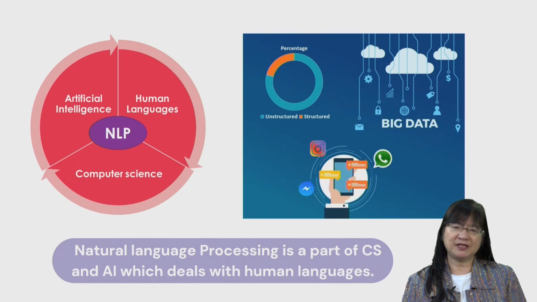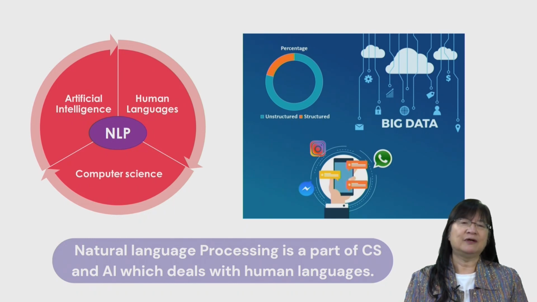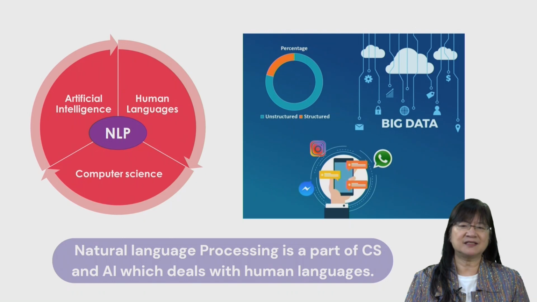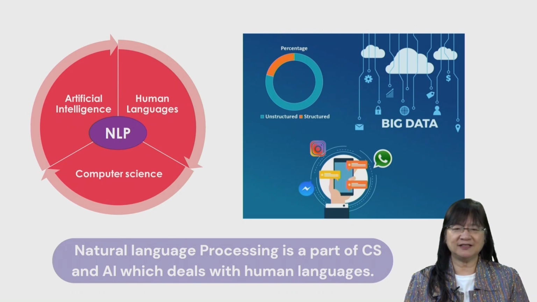We try to teach machines to learn our human language from those unstructured parts, through structured analysis of big data. Now we use that in our mobile phone, our pad, and ChatGPT, right?